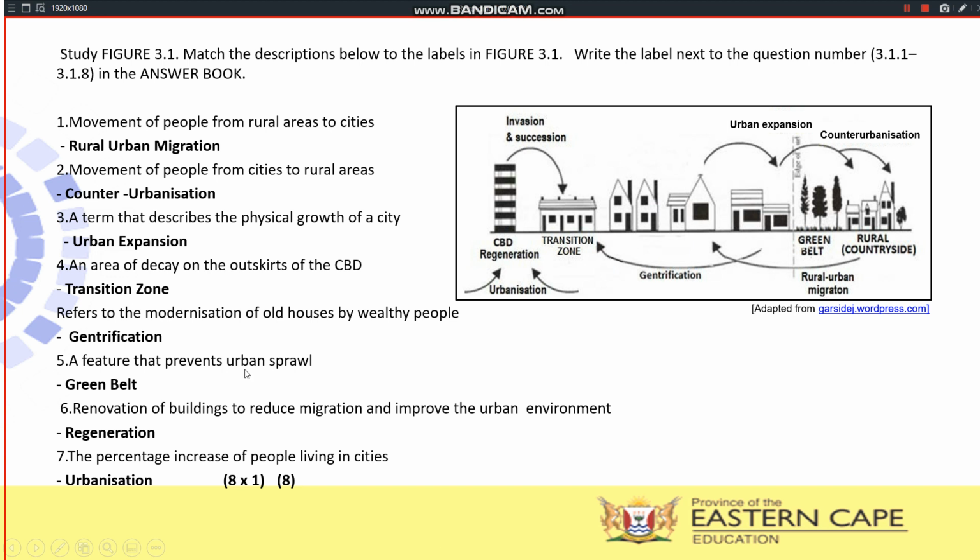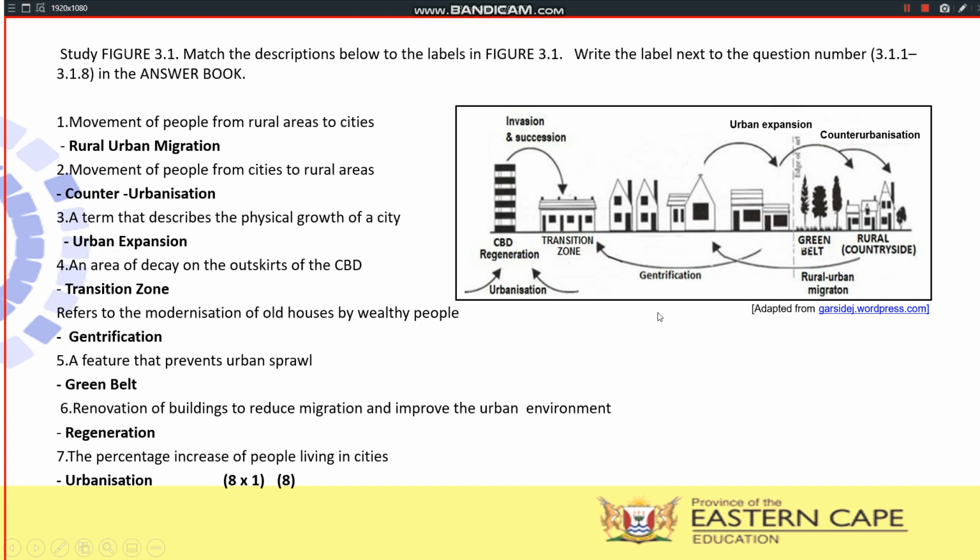A feature that prevents urban sprawl, this is the green belt over here. That is the green belt, a section outside of the city with trees, beautiful trees, which is called the green belt. Then, the renovation of buildings to reduce migration and improve the urban environment.